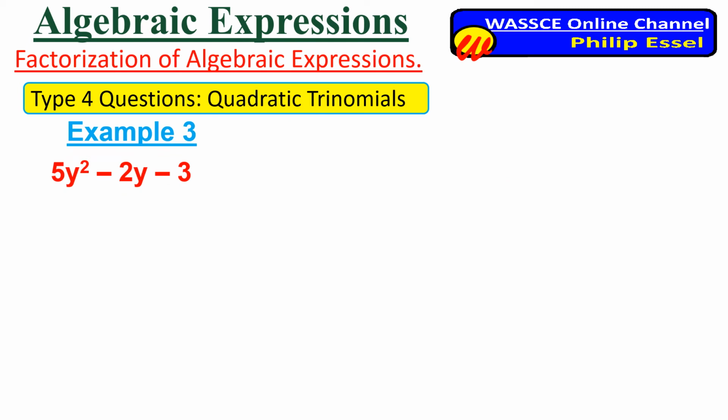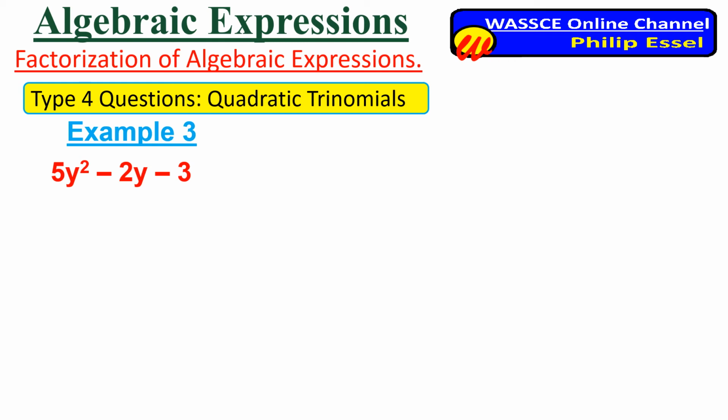In example 3, we have been given the quadratic trinomial 5y squared minus 2y minus 3. And we are to factorize this expression. As you already know, our first aim is to rewrite this 3-term expression into a 4-term expression.